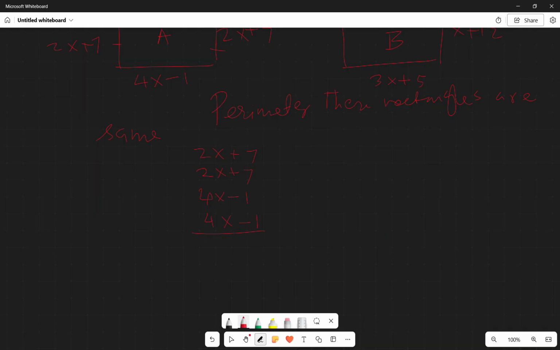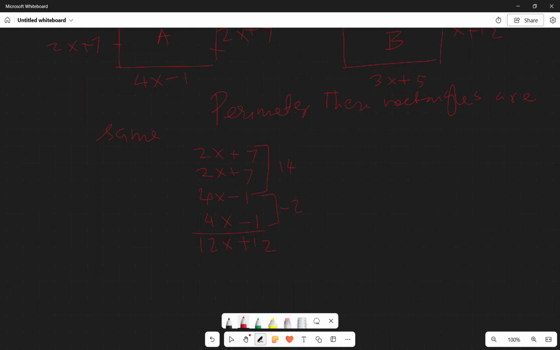We're going to add together. 4x plus 2x plus 2x plus 4x is 12x, and 7 plus 7 is 14, take away 2 is plus 12. So this is the expression for rectangle A.